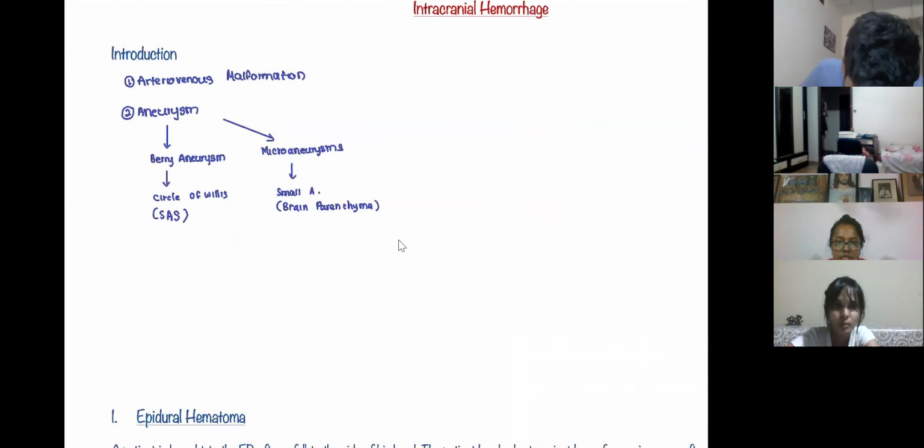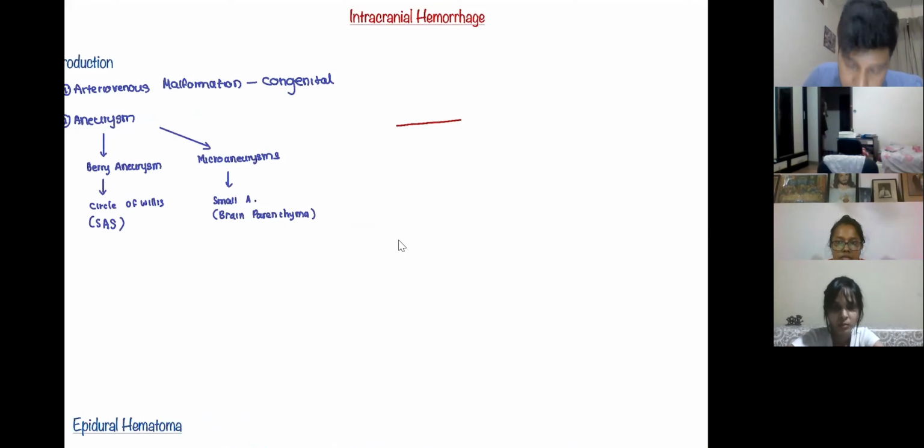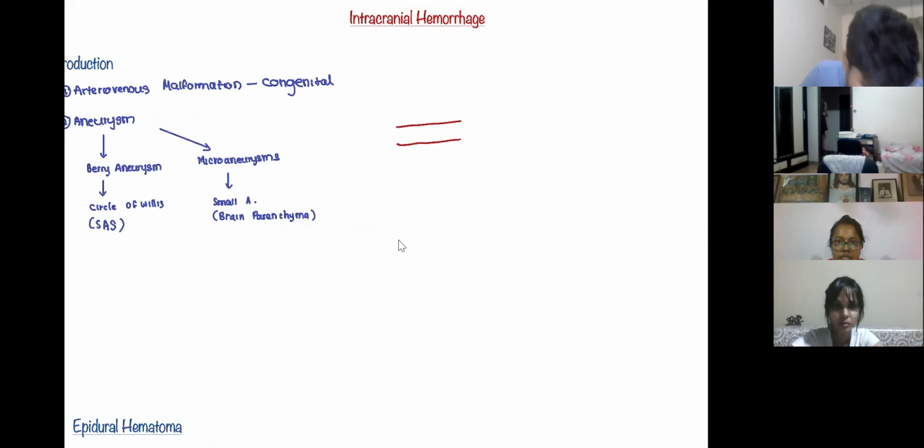This is a congenital thing in which, if you have any idea about the pressure variation, you should know arteries are high pressure. Next, they branch off into arterioles.